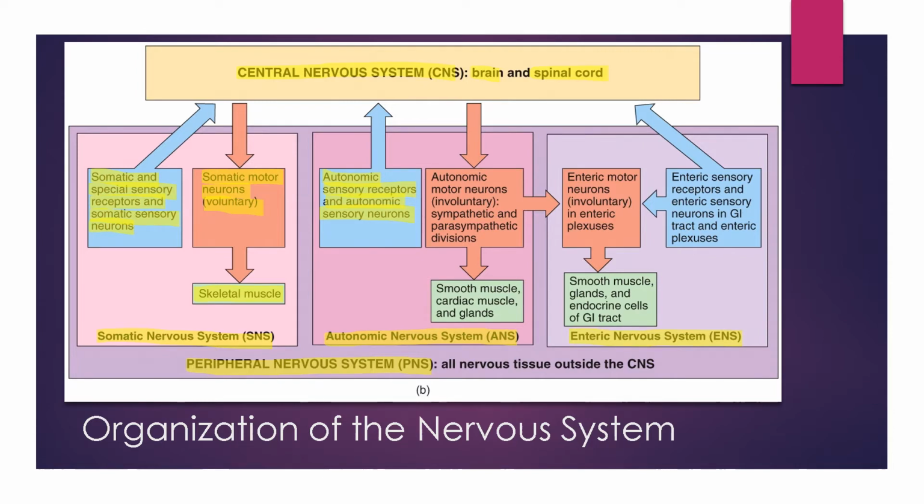And the autonomic nervous system also consists of motor neurons for two different divisions. So the autonomic nervous system is further divided into the sympathetic and parasympathetic divisions. And these control smooth muscle, cardiac muscle, and glands.